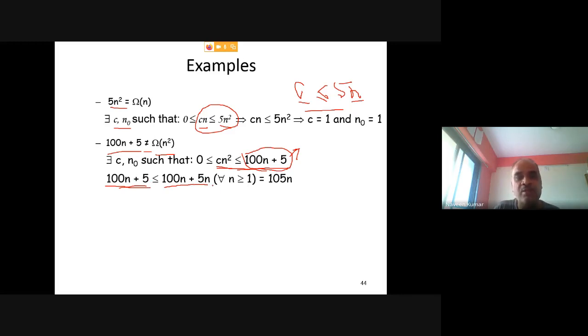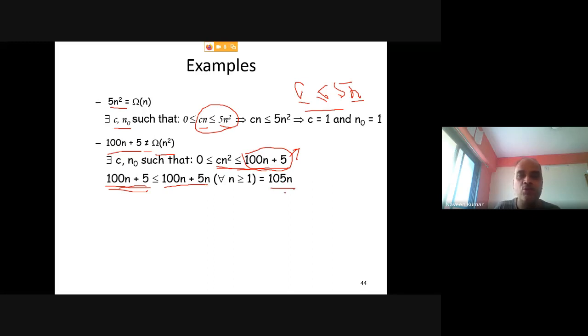Putting n here means n0 should be 1, because when n equals 1, it gives you the minimum value of 100n plus 5, and if you increase n, you get higher values. So this should always be less than or equal to this. Now we can add these two, so you will get 105n.